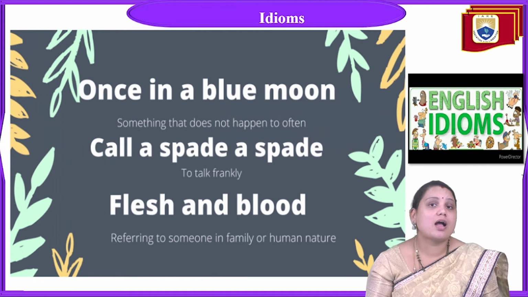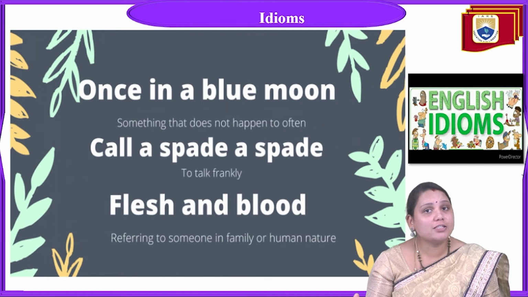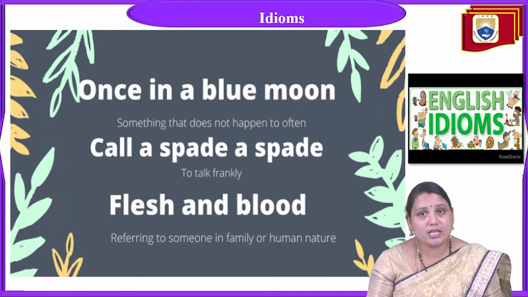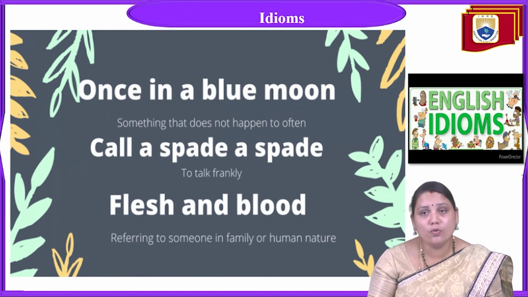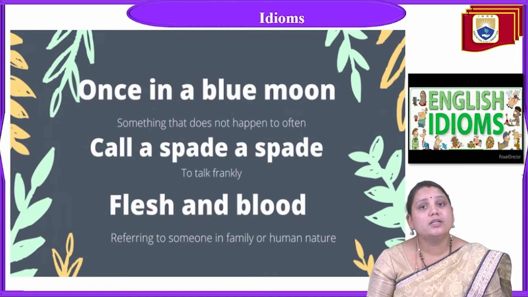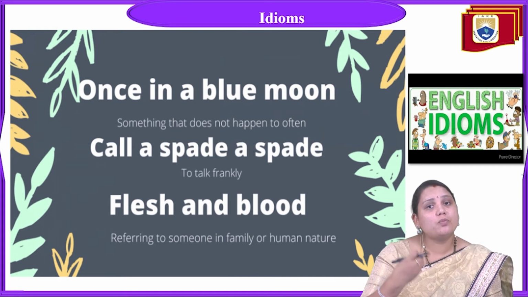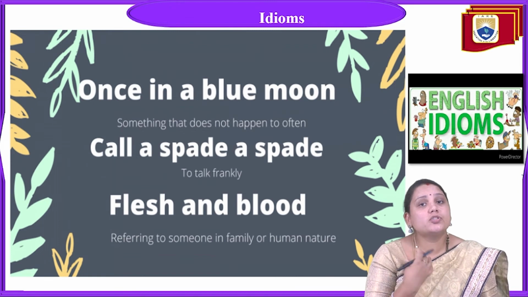Now, flesh and blood. If you see this, according to the literal meaning, flesh and blood means meat and blood. What is the meaning here? What is it referring to? It is referring to someone in the family or human nature. That is, one person who belongs to you, whom you are owning.